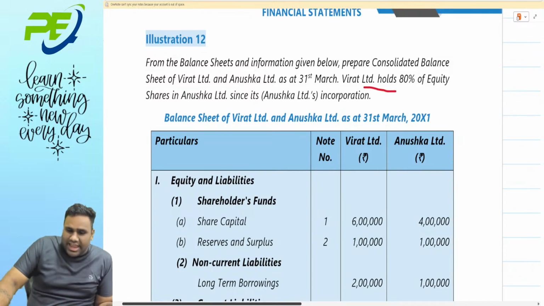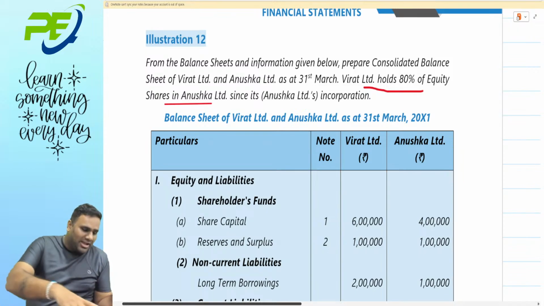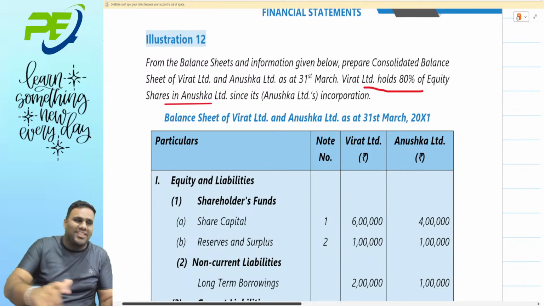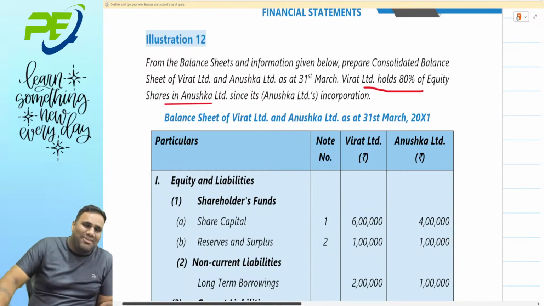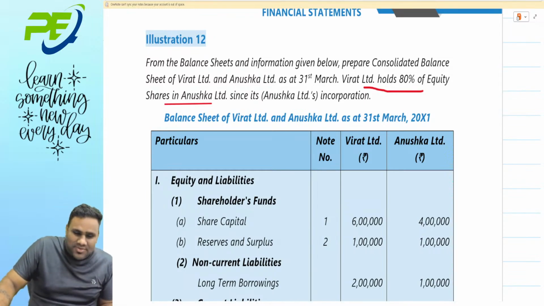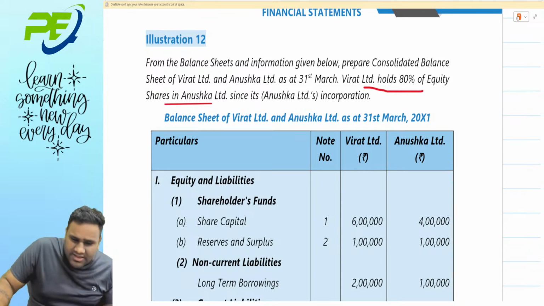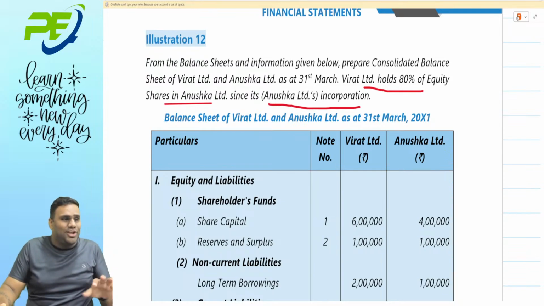Virat Limited holds 80% of the equity shares in Anushka Limited. Definitely some male person has drafted the problem. Otherwise, Anushka Limited would have held 80% in Virat Limited.